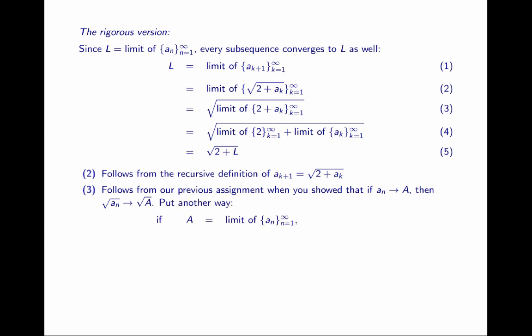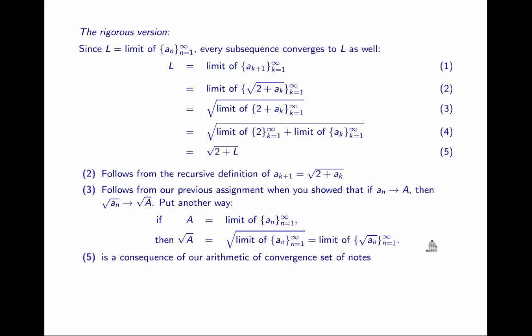Or put another way, if a is the limit of a_n, then the square root of a, which is the square root of the limit of a_n, is the limit of the square root of a_n. And since it's equal, we can go in any direction, which is how we went from here to here. Step 5 is a consequence of our arithmetic of convergence set of notes.